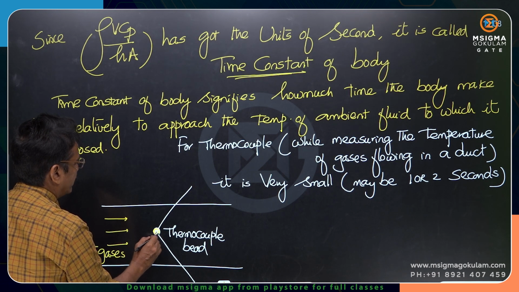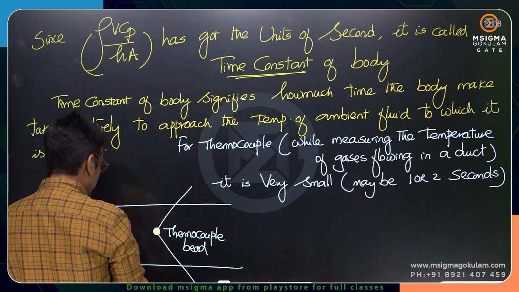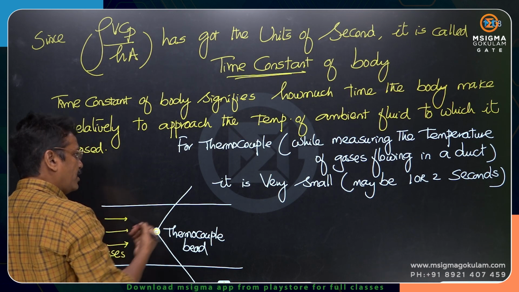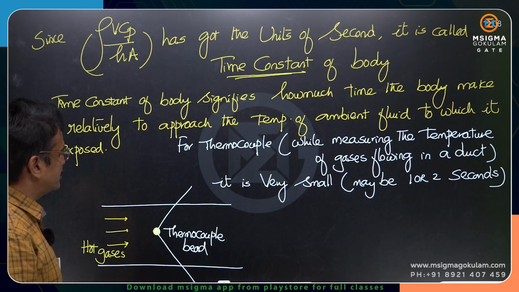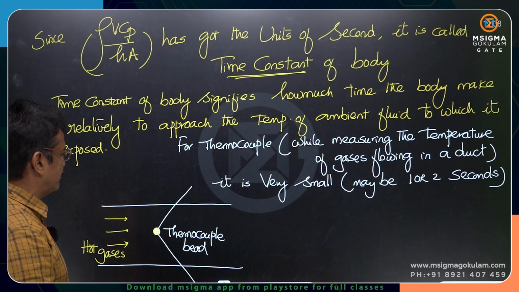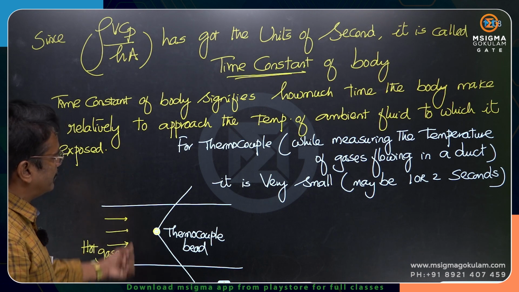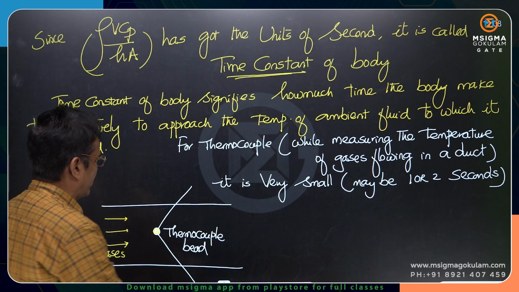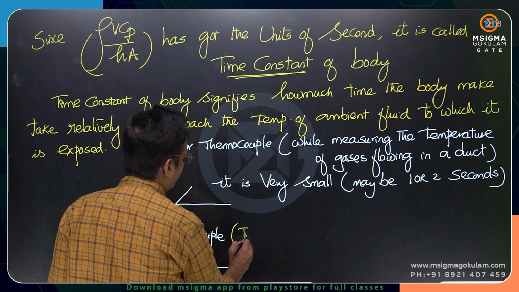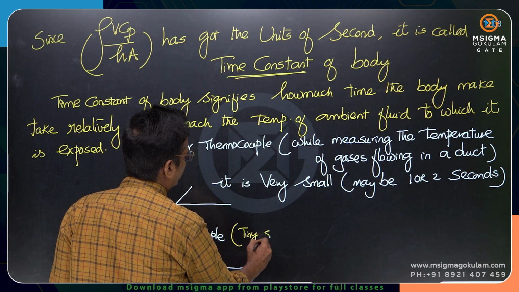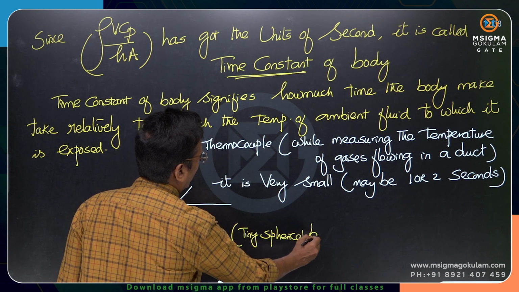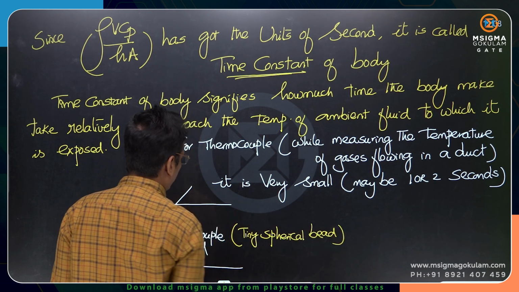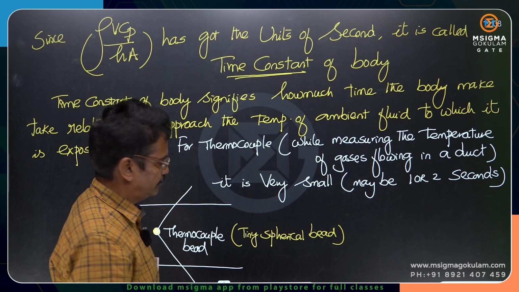For this thermocouple bead, the time constant will be very small because the size is very small. Look at this, V by A indicates the relative size of the bead. It is a tiny spherical bead.